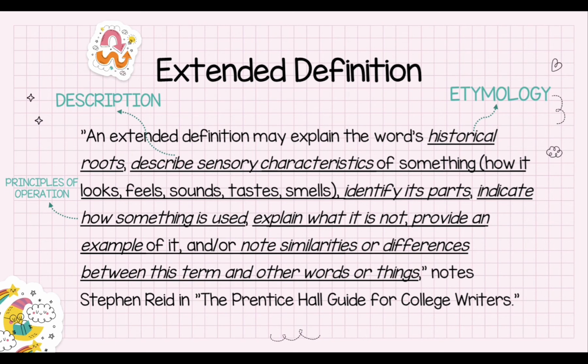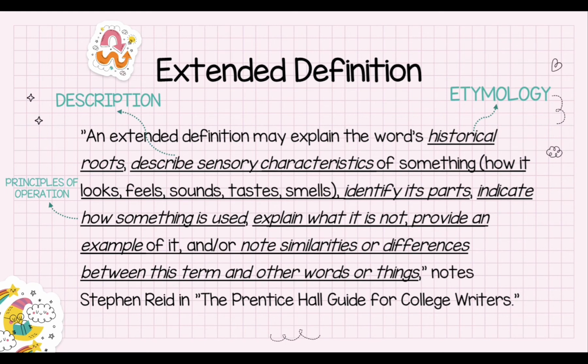To set those two apart, for example, if you say that your cell phone has a 10-inch screen and so on, that is description since you're describing how it looks. But if you explain how your phone works, like you click this button to open this, and so on, that is principles of operation.